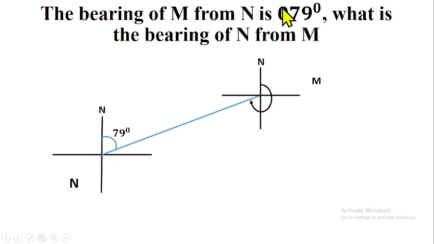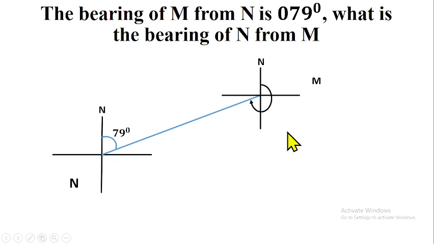Had it been a compass bearing, you would be looking from here to here. But because it is a 3-digit bearing, the origin of the angle is the north. So you draw it from the north to that line. That will be the bearing of N from M. Do we understand that?